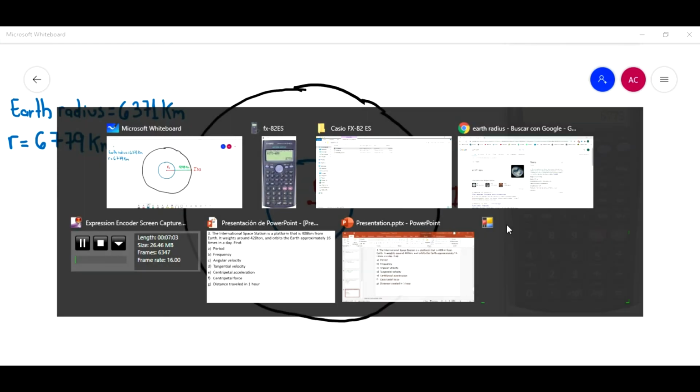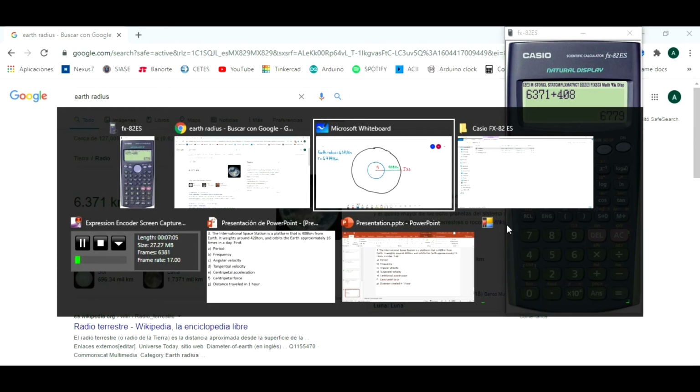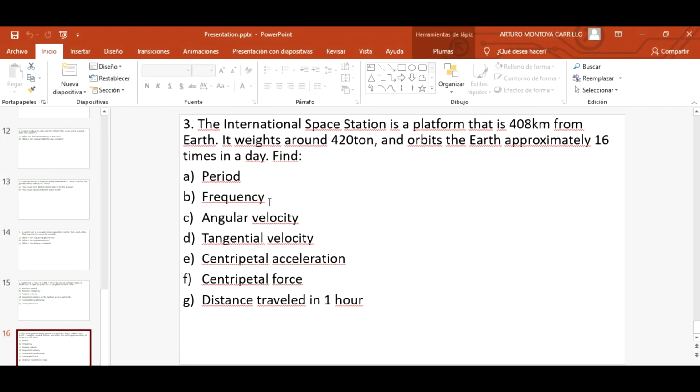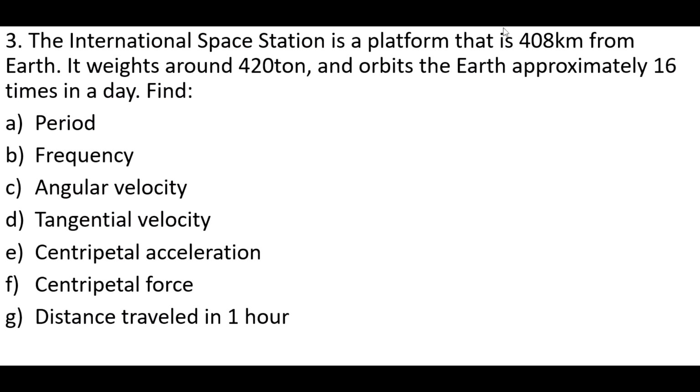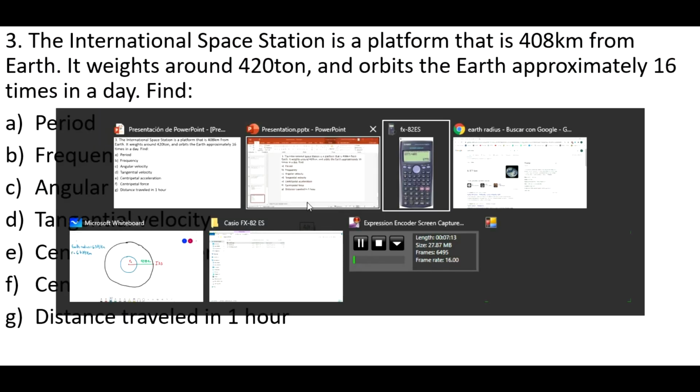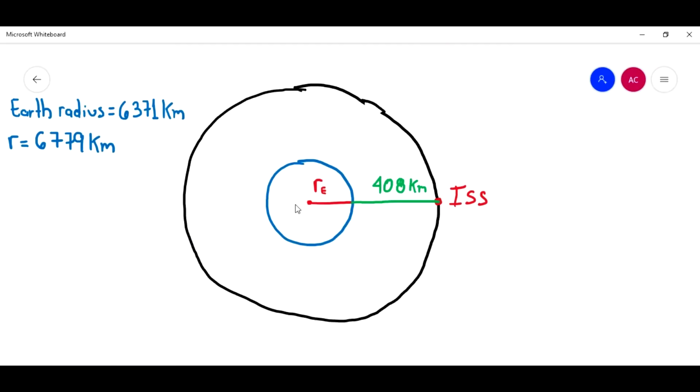Now let's look at the other data of the problem. The weight, well, that will be the mass of the International Space Station, which is 420 metric tons.